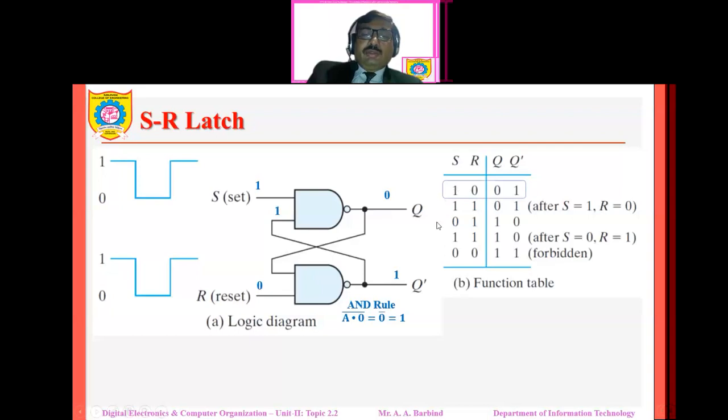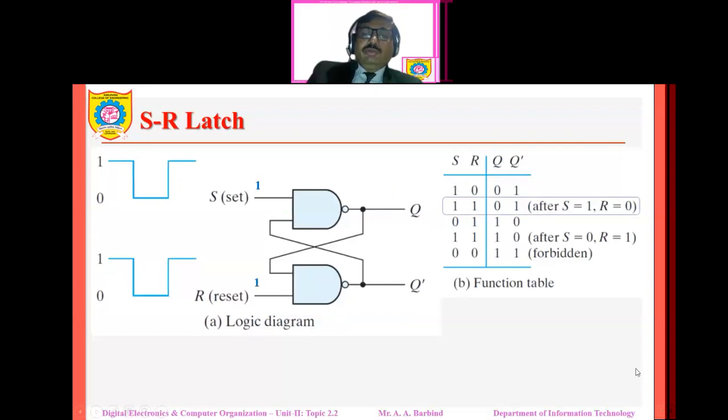Now, when you give the input S is equal to 1 and R is equal to 1, the output depends on what was the previous input. After S is equal to 1 and R equal to 0, if you give this input as 1 1, then the output will be 0 1.